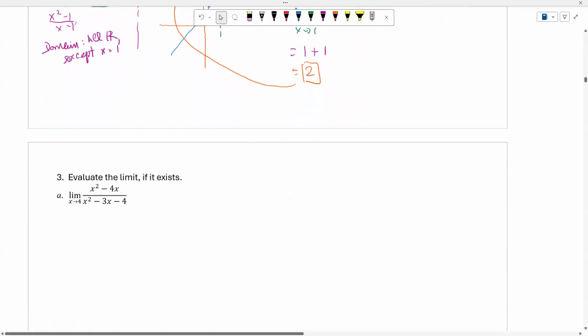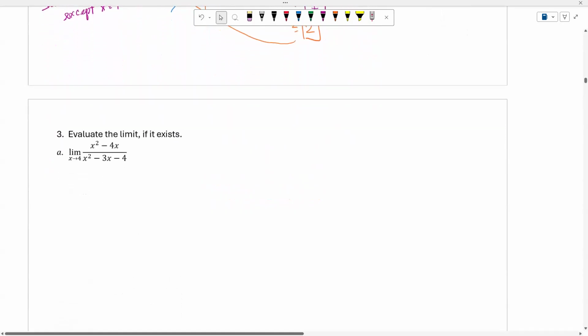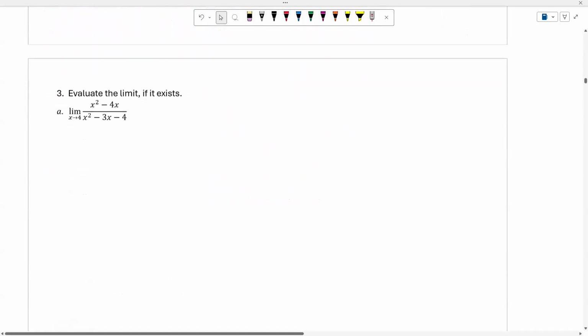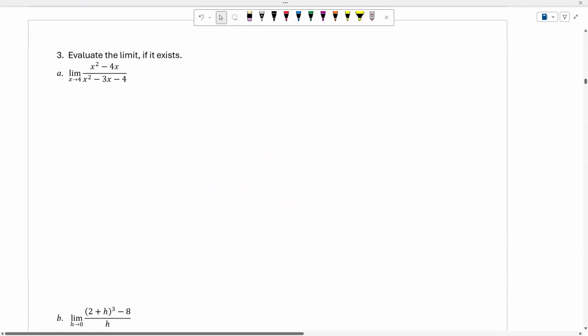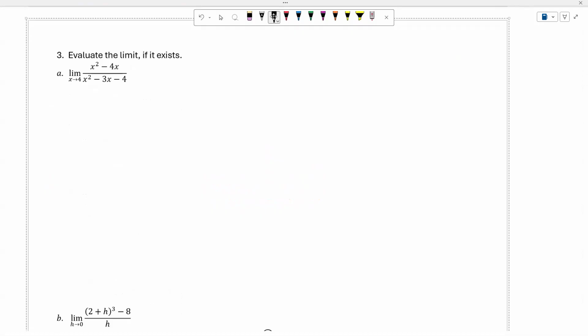Keep that in mind. So now, let us see if we can work on our first problem. Again, I would like you to pause the video and try to factor out the numerator and denominator, and then work out the problem.